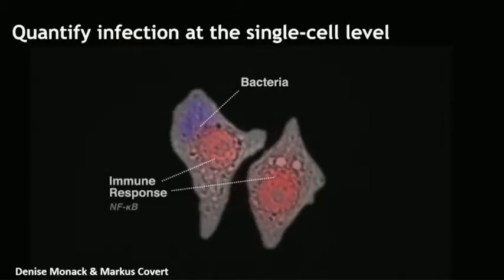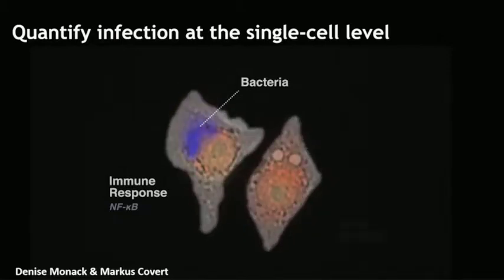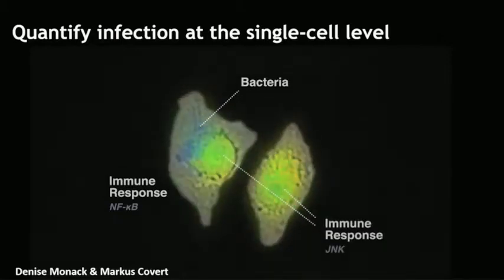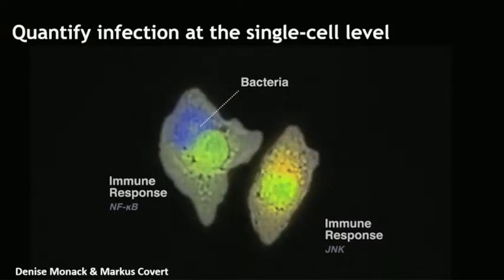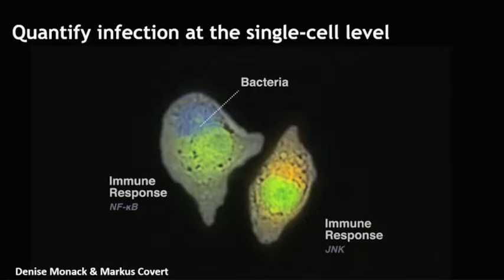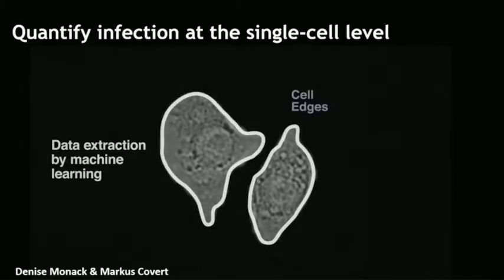One of the cells has actually been infected. The neighboring cell is still protected, but what we're able to do is image different signaling molecules. So NF-kappa B is a transcription factor that's very important for upregulating different genes that are involved in cell death and proliferation. We also saw briefly JNK, which is a kinase that's involved in the MAP kinase signaling cascade, which can cause cells to undergo apoptosis.